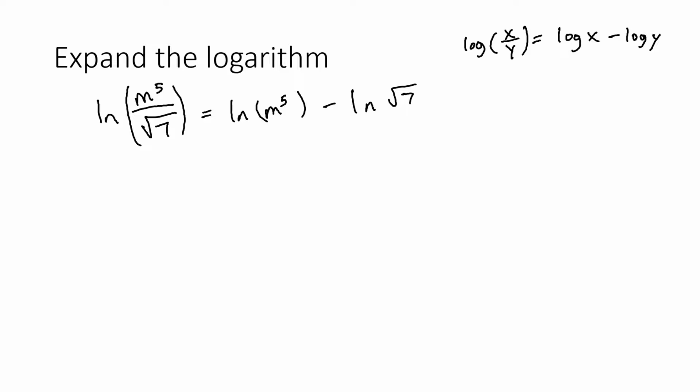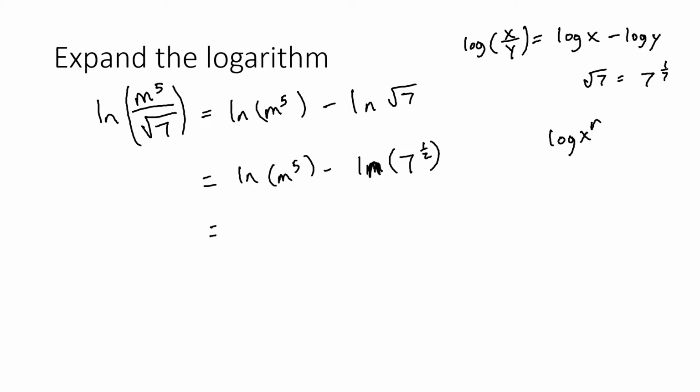So if we wanted to, the square root of 7, we can write it as 7 to the 1/2. So this is basically natural log of m to the fifth minus natural log of 7 to the 1/2. So if we remember, if you have log of something to a power, we said that we can just take that power, put it in the front as a factor, so it'd be r times log of x.